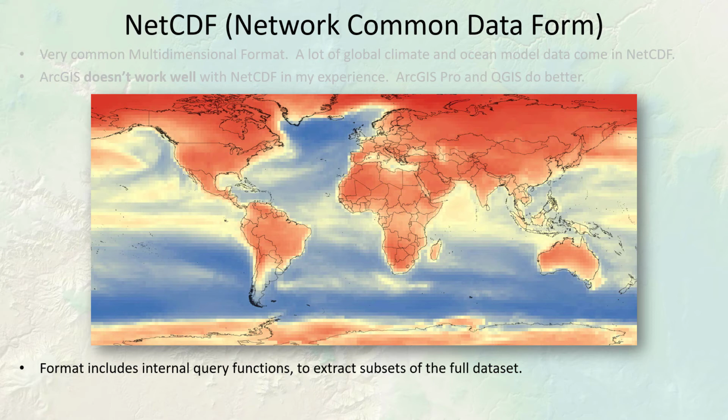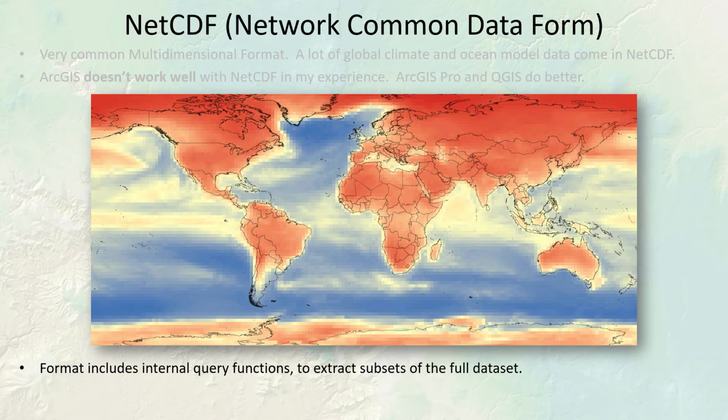cool ways. So when you get a NetCDF data set, you don't have to deal with the entire world like I'm showing you in this picture. You could tell it just to show you a particular latitude and longitude range, and those are two of the dimensions. You can tell it a range of values within any of the dimensions that are in there.